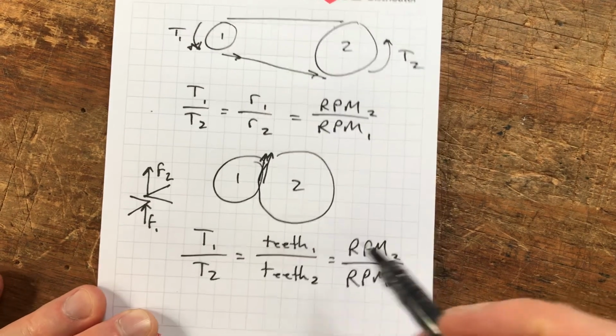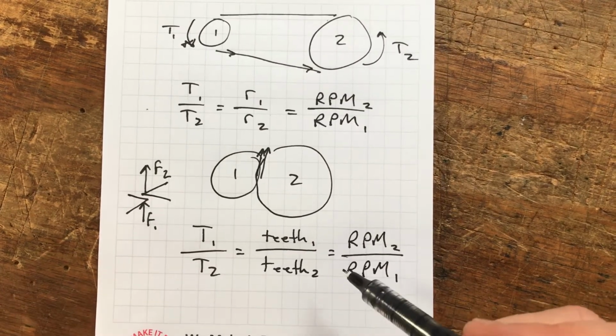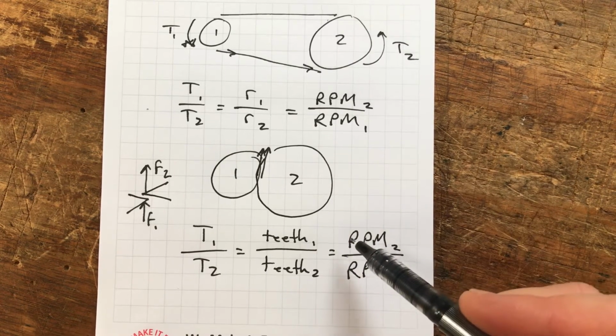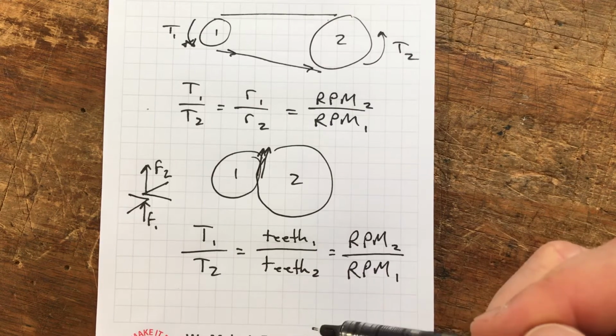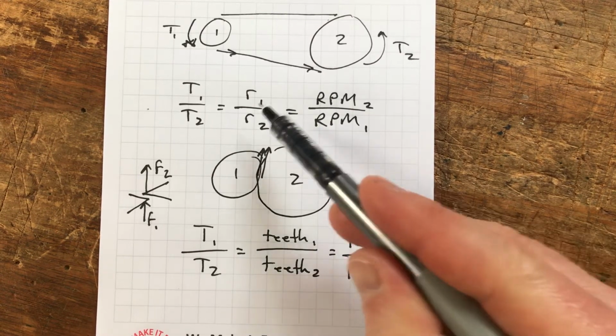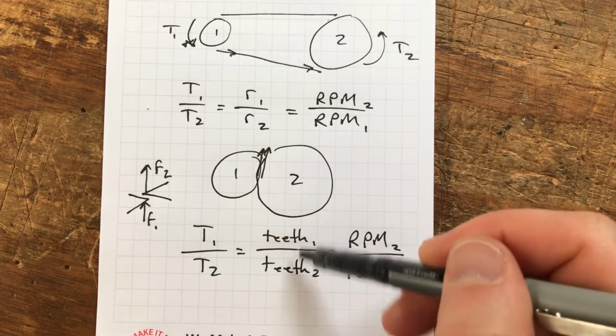Okay, and that is the only difference between pulleys and gears, the number of teeth. Same equation, same process. It's just, instead of using the radiuses, we're using the number of teeth.